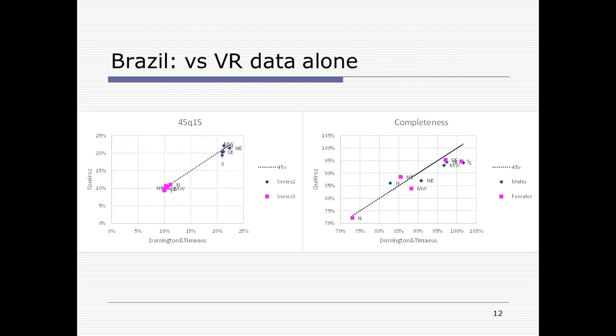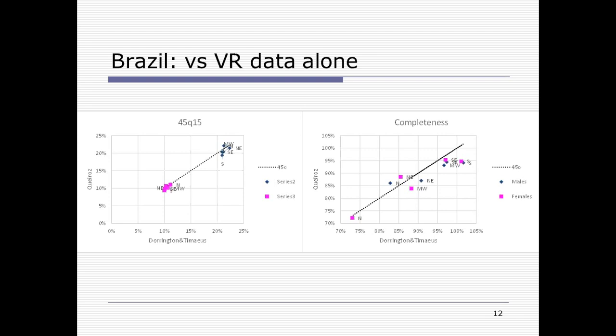When we look at the vital registration data, and I have to confess, this isn't an application of the death distribution method to the regional data combined. It actually was to the state data, and I've derived regional estimates by the weighted average from the state. But what you see is a far closer approximation to the estimates that we've got.